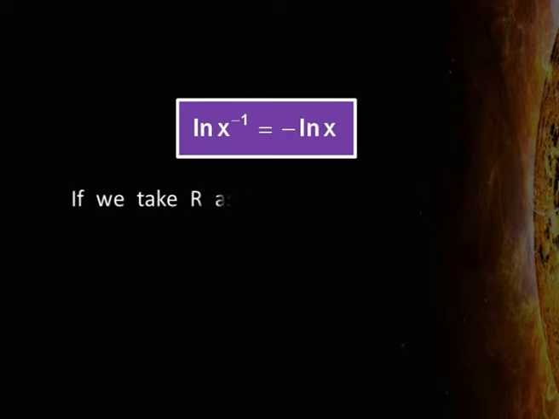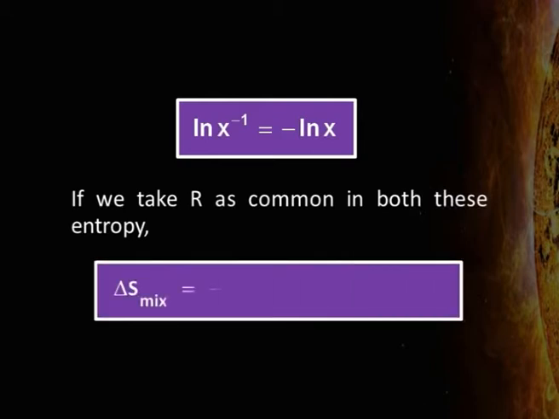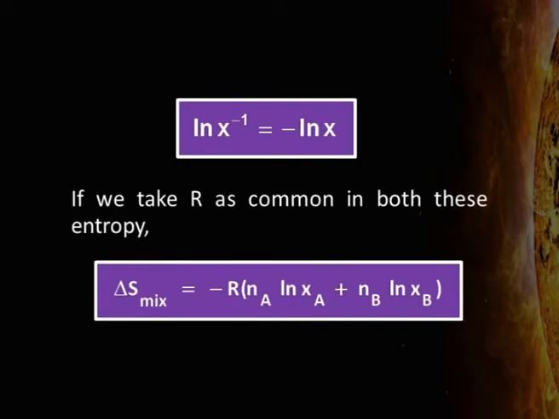Now, if we take R as common in both these entropies, we will get delta S mixing equal to minus R multiplied by Na natural log Xa plus Nb natural log Xb. This equation can also be written in the form of mole fraction, taking the total number of moles outside the bracket.